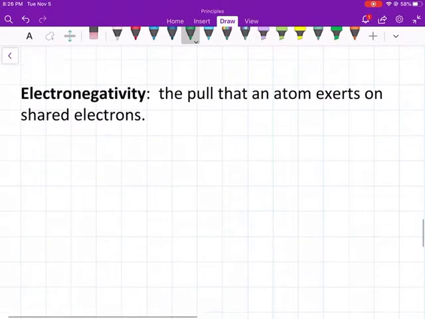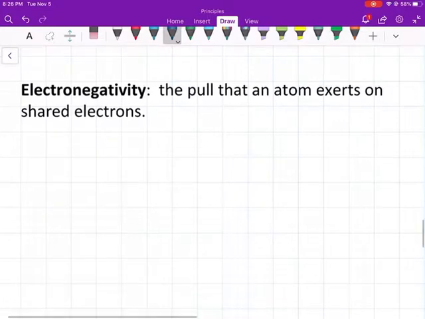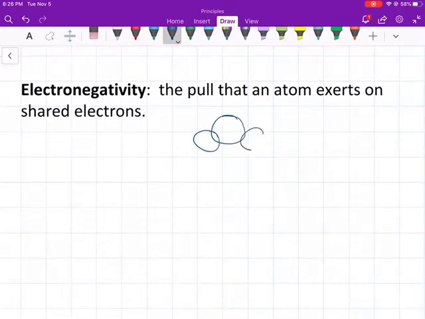The last trend we have to talk about is electronegativity. So electronegativity is the pull that an atom exerts on shared electrons. So if you go back up to our picture of the hydrogens sharing electrons and being bonded together, another example would be a water molecule. And you guys talk about this a lot in biology. You've got the positive nucleus of an oxygen atom, positive nucleus of two hydrogen atoms, and these electrons in between them in this overlap area are being shared.